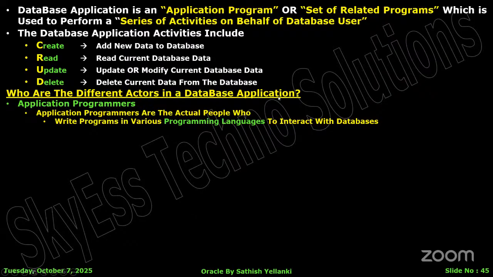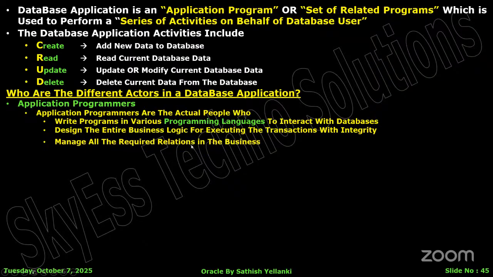An application programmer's responsibility is to develop and design the entire business logic for executing the transactions with integrity, meaning 100% quality whenever your program is firing or executing for every activity expected in the business. An application programmer should have the ability to manage all the required relations in the business.